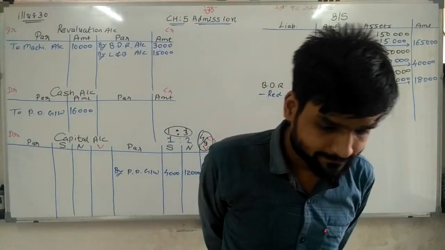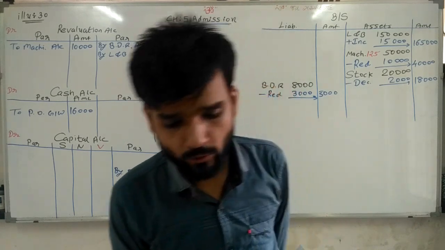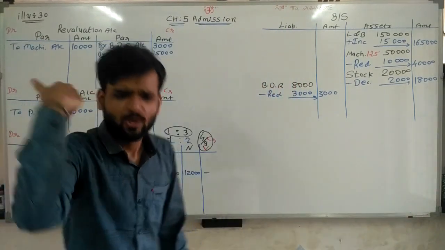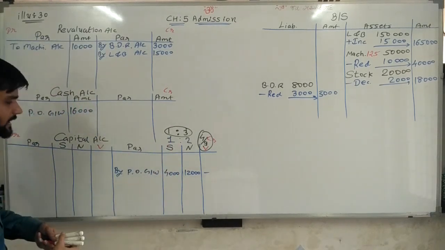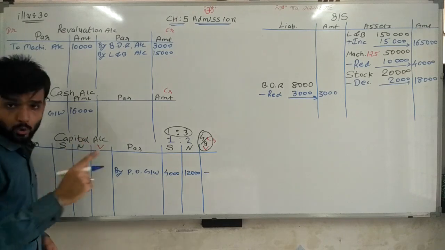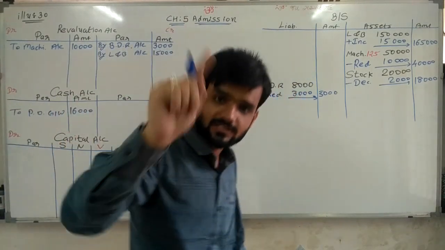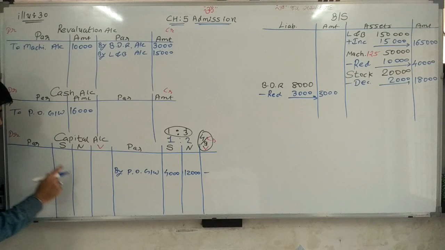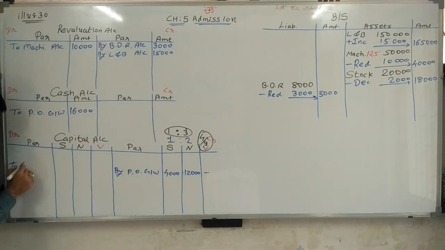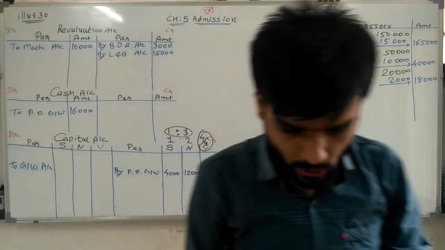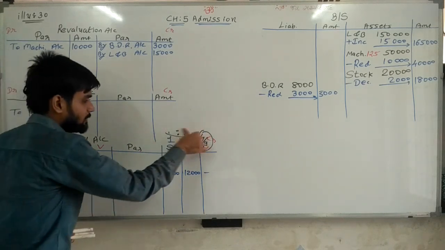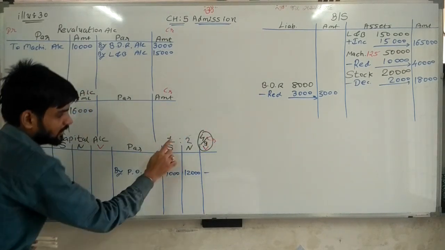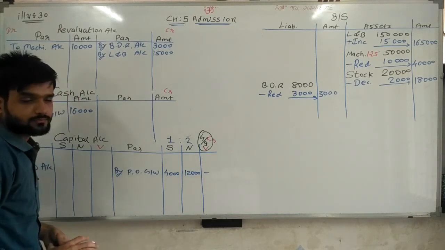Now seeing the balance sheet, on the assets side goodwill is given as 27,000. Don't worry, for the old balance sheet, it is distributed in the old ratio. Goodwill is an asset, and an asset means a debit balance, so it goes on the debit side: to goodwill account, 27,000 rupees. Now we distribute this 27,000 in the old ratio 1:2.